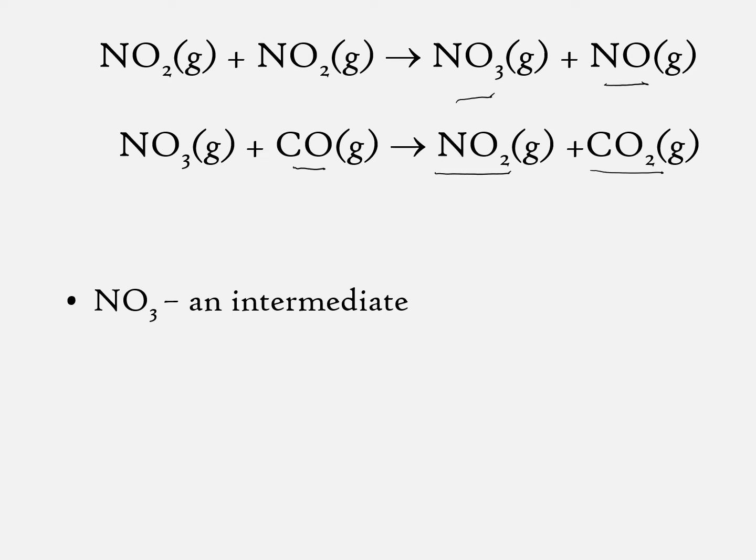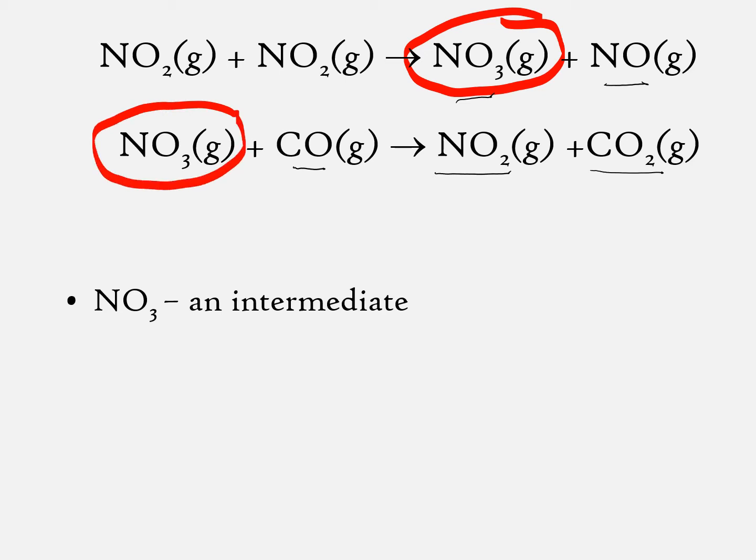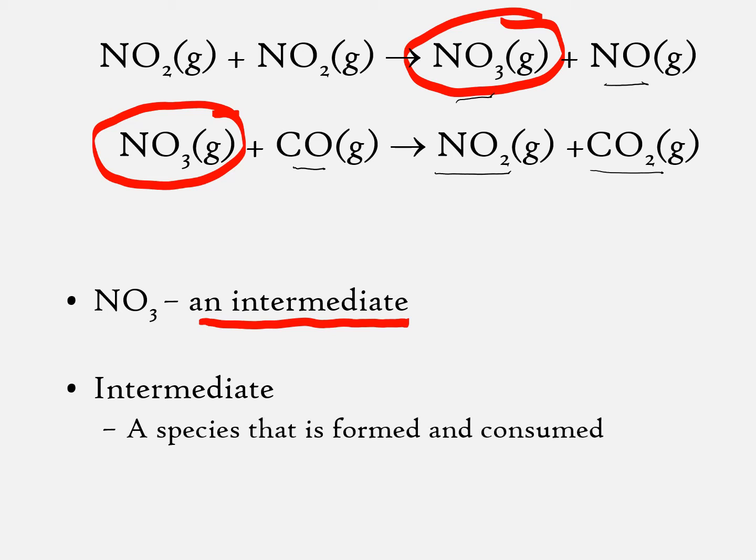So we call NO3, notice it's on the product side and then it's on the reactant side, but it's not in the overall reaction. We call that an intermediate. It's there, but then it disappears. So it's a species formed and consumed during the reaction.